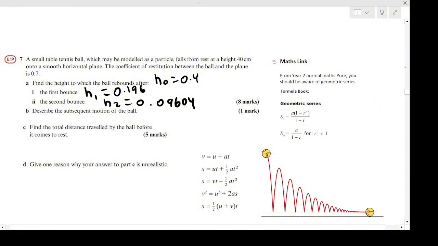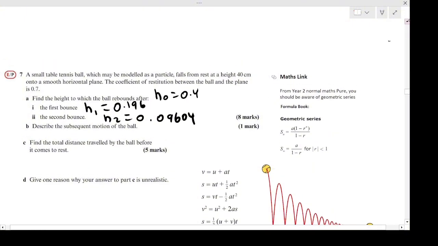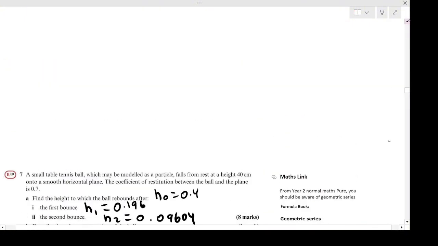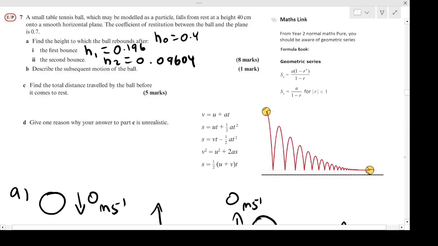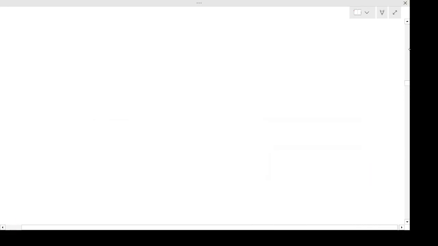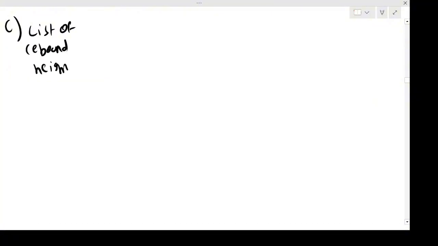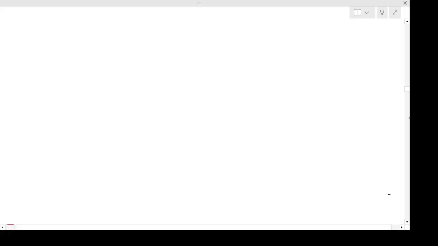Now I'm going to do it up here, actually. Let me list the heights here, okay? List of rebound heights. So we had 0.4 originally, then it went to 0.196.